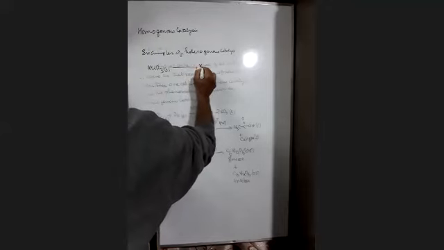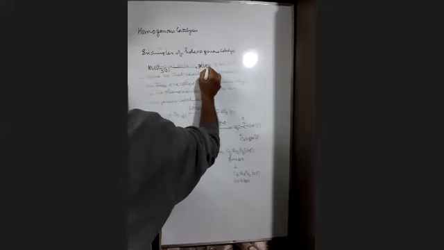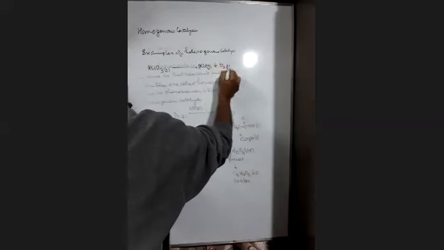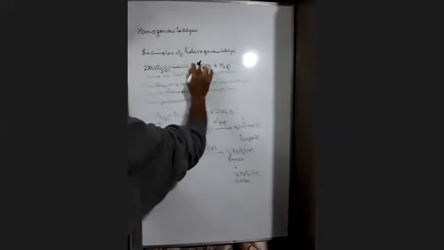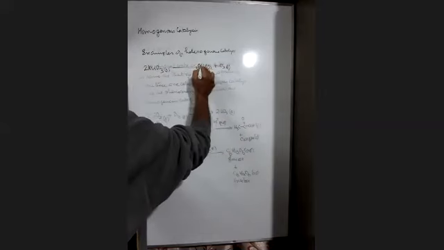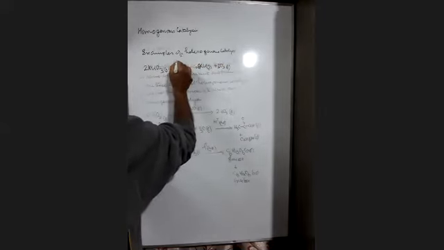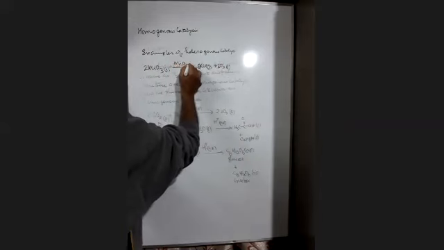It gives you potassium chloride, that is also solid. But mind you, the product is oxygen gas. So 2KClO3 gives 2KCl plus 3O2. Here we use a catalyst, this is the first example of the catalyst that you have come across in your life.